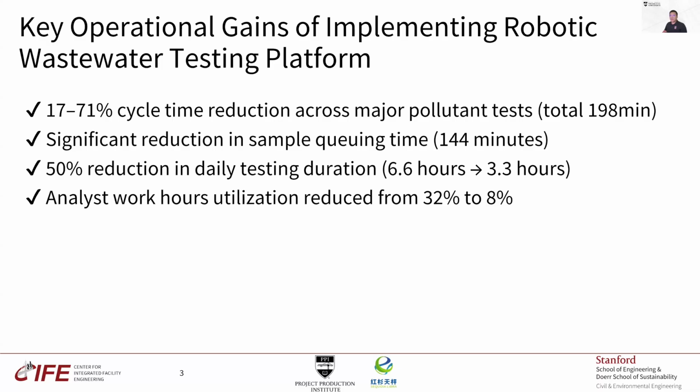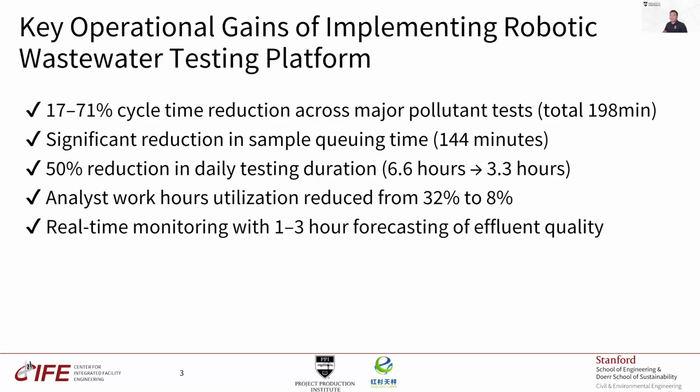Analyst work hours utilization reduced from 32% to 8%, and the role of the analyst shifted from operating the test to supervising the test. Beyond efficiency, the robotic system also enabled real-time monitoring with 1 to 3 hour forecasting capability of the effluent quality.